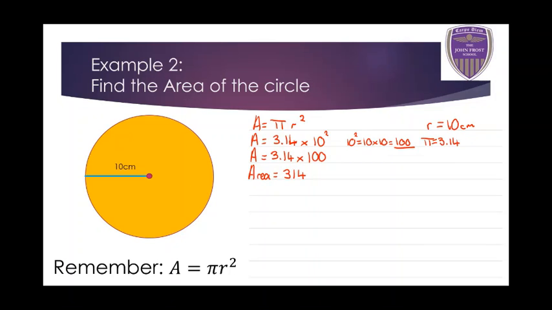But remember your units, so it's going to be 314 centimeters squared, okay? And this is the final answer for this question, okay? So same thing, still working out pi r squared, except in this example, because it was 10 squared, it was only 100, okay? Let's do another example.